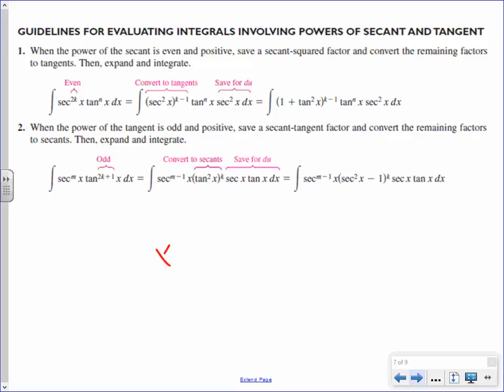Let's remind ourselves of that Pythagorean identity. If sine squared plus cosine squared equals 1, what's the Pythagorean identity in terms of tangent and secant? I think tangent squared, 1 plus secant. Okay.